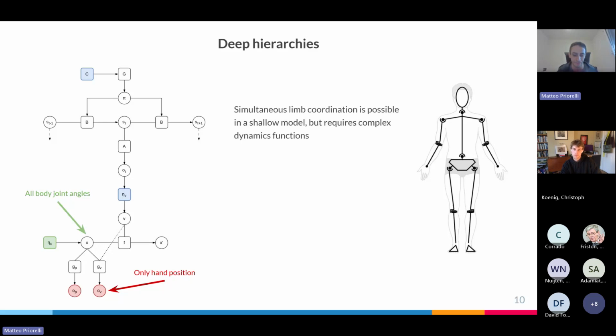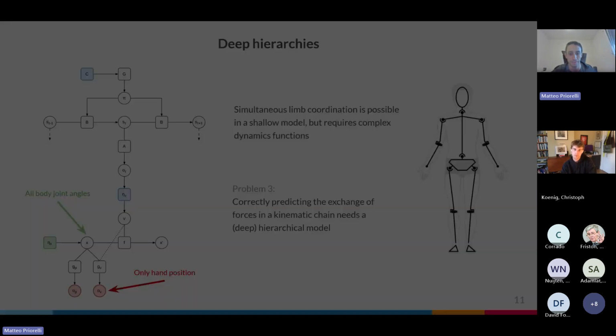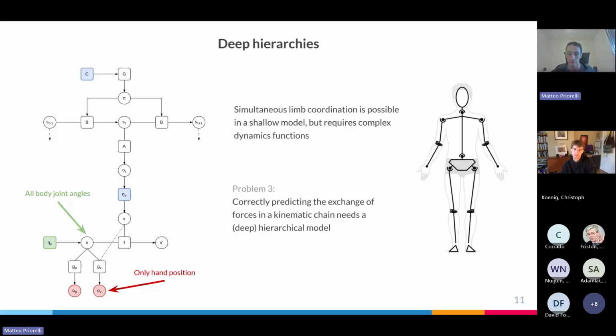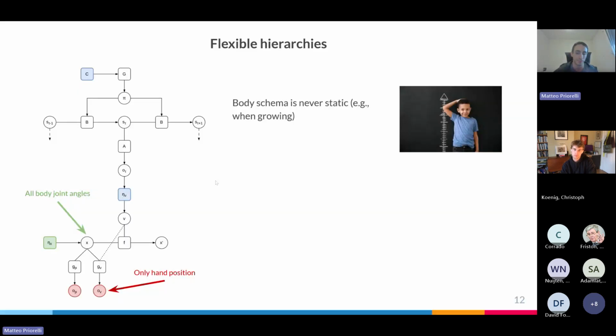However, if you want to have control over the whole kinematic chain, we actually need a deep hierarchical model that mimics the hierarchical structure of the generative process. This is needed because we have to correctly predict the exchange of forces between the elements of our kinematic chain.